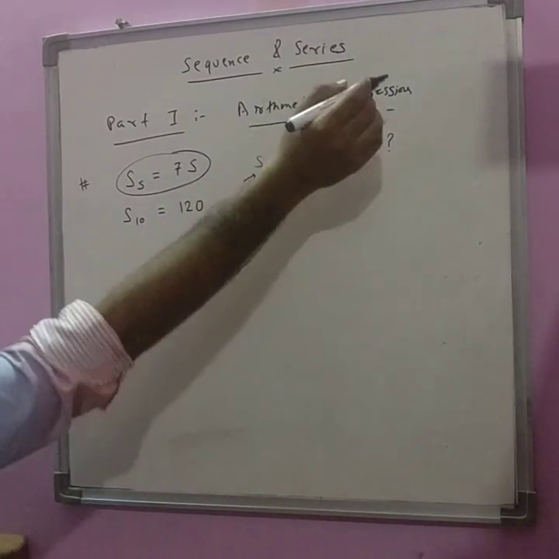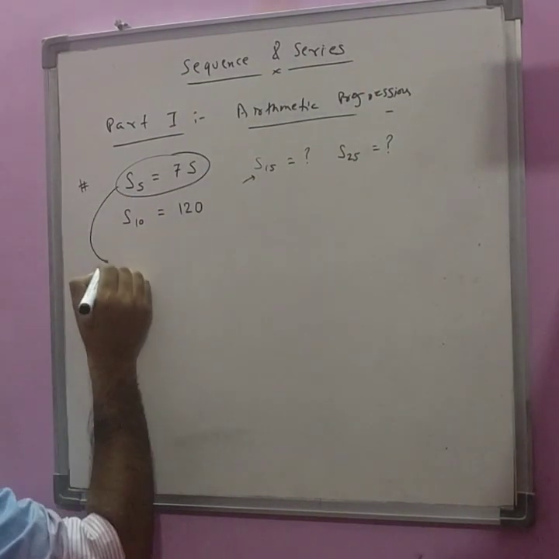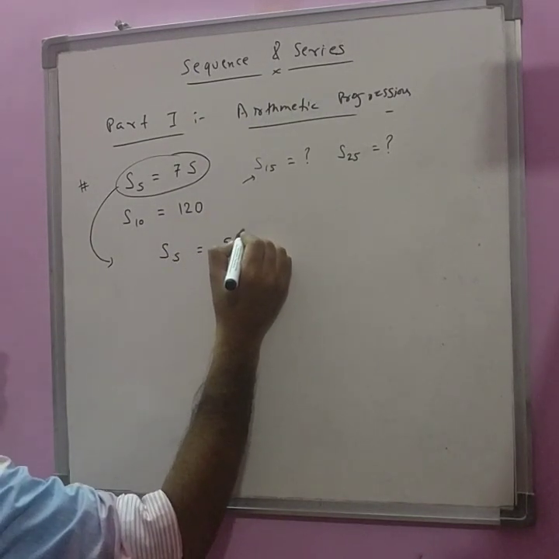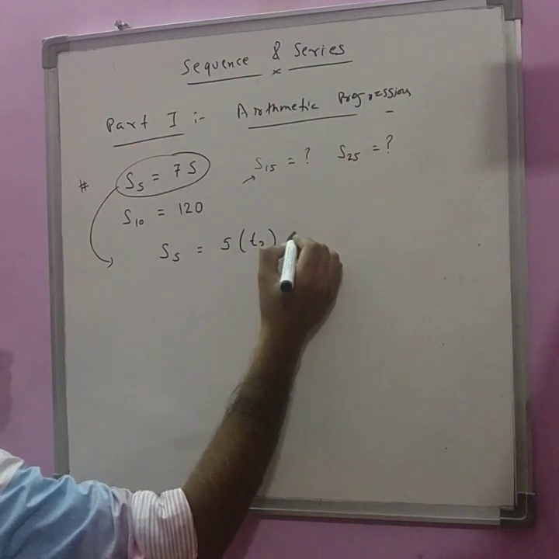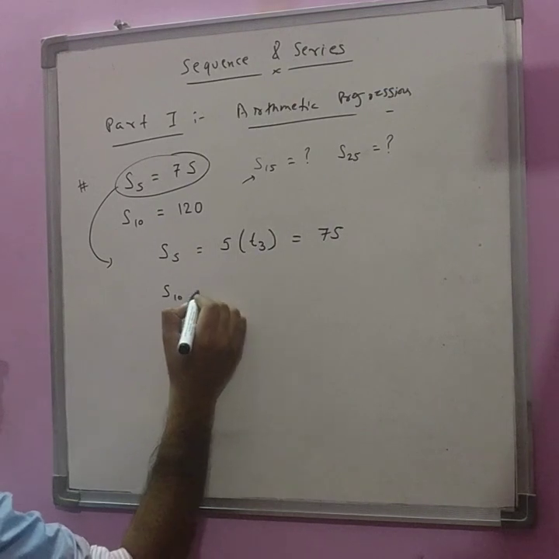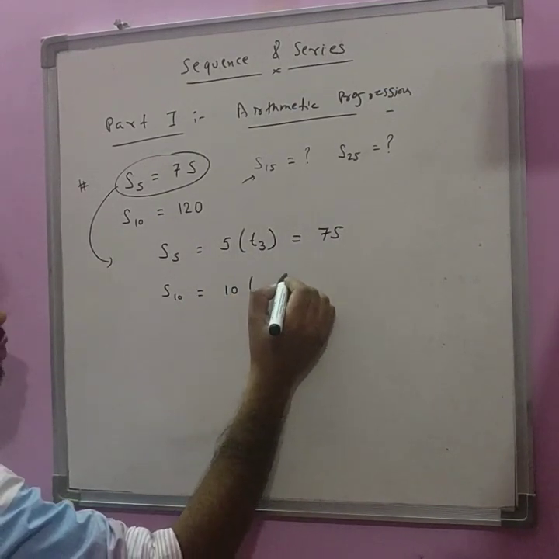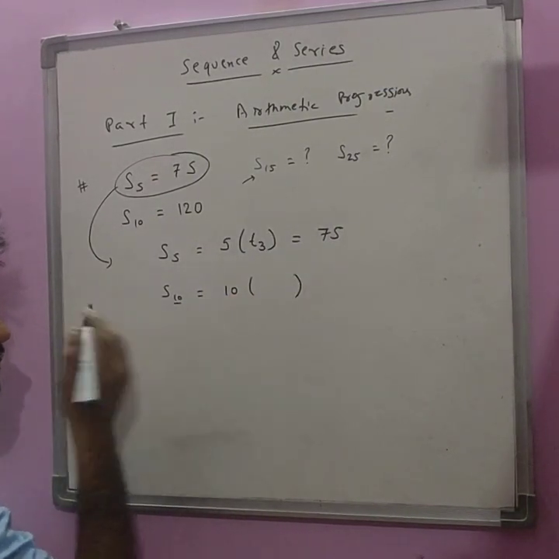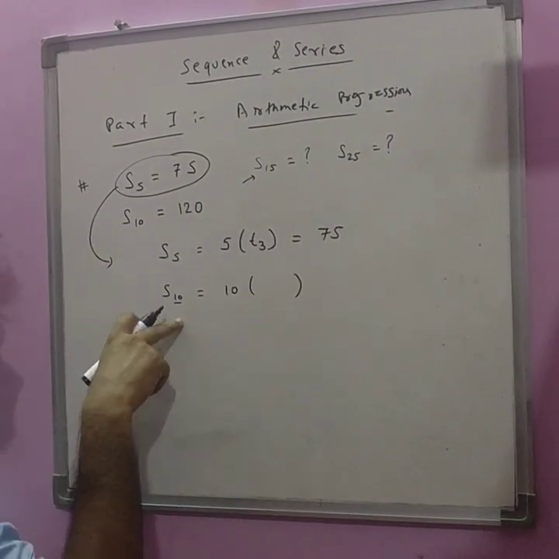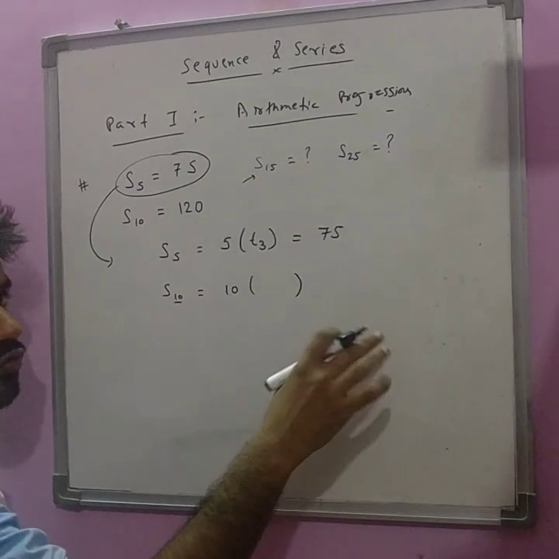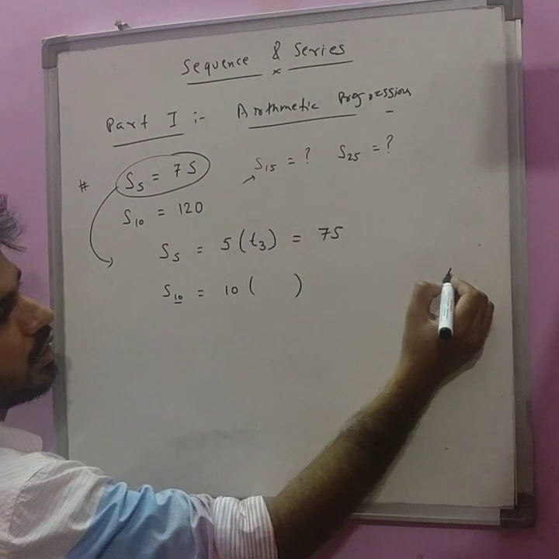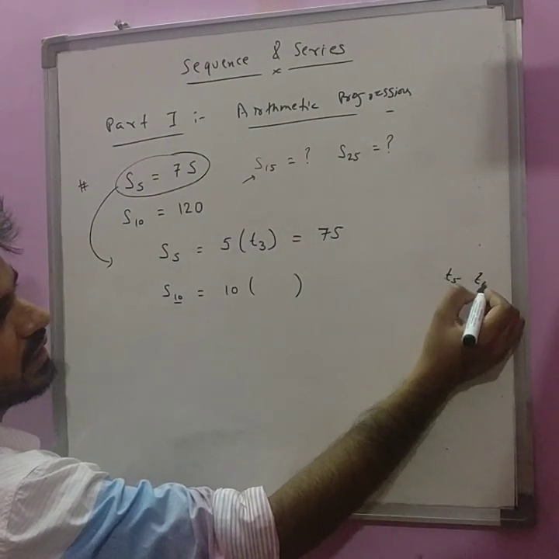So on the basis of this, I can write S5 is equal to 5 into my T3, which is equal to 75. Or S10 can be written as 10 into my, okay, for 10 terms the number of terms is even, then the average would be the average of the middle 2 terms, and those middle 2 terms would be T5 and T6.